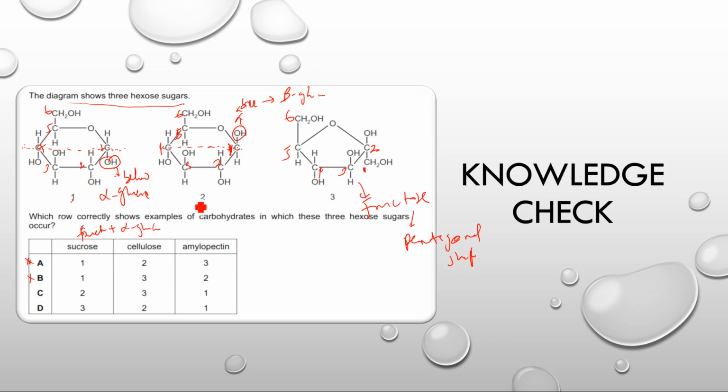So cellulose belongs to beta, which is 2. Of course, amylopectin is alpha glucose, so it's 1. So the answer is D, because 3 is fructose and it must be in sucrose. Sucrose is made up of fructose and beta glucose. Cellulose is beta, so this 2 is cellulose. So D is the answer.